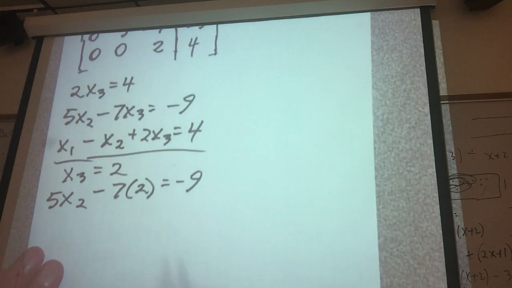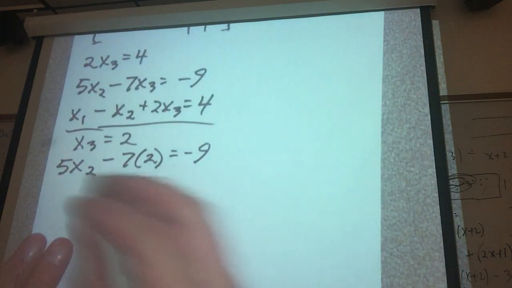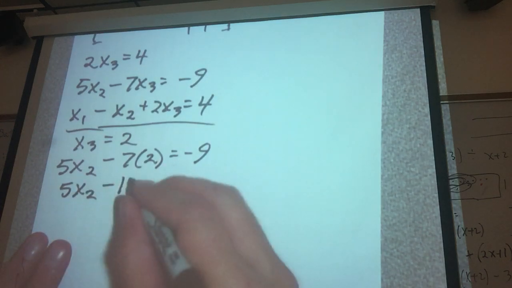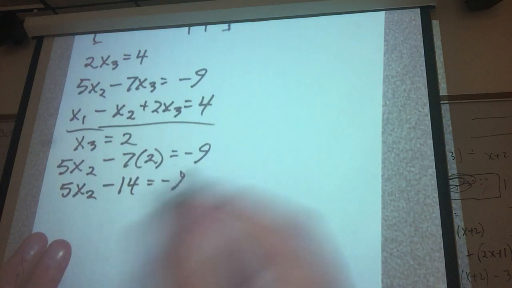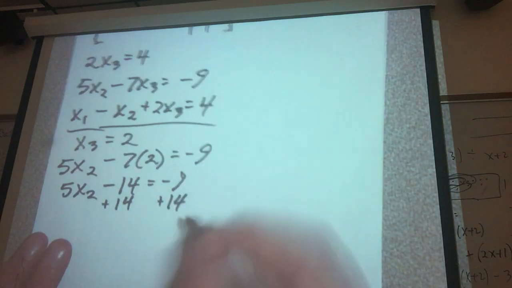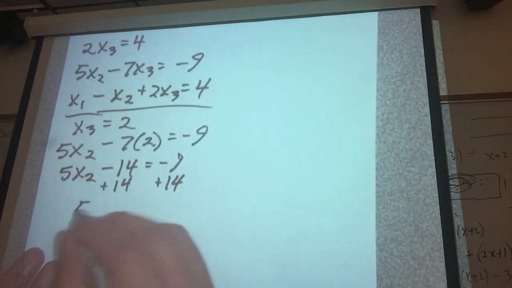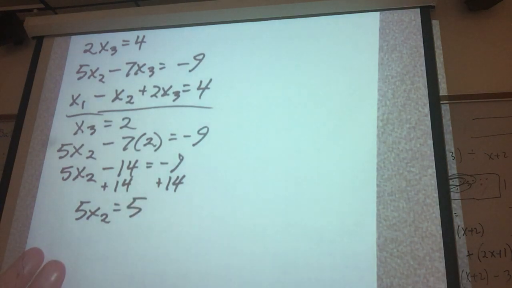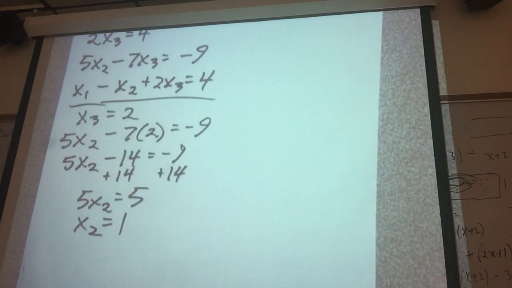So that statement means that 5x2 minus 14 equals negative 9. Well, let's add 14 to both sides. So 5x2 equals 5, or x2 is going to equal 1.